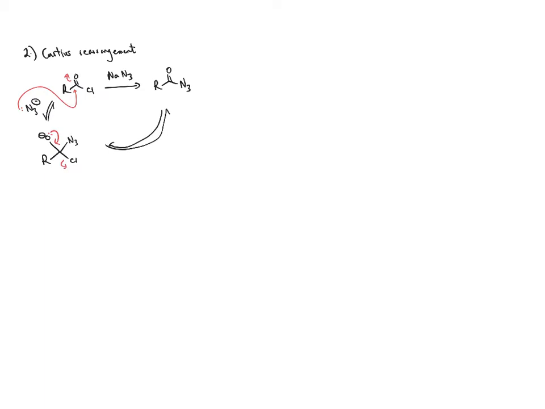The Curtius rearrangement part of this mechanism is the next step. So the next step is you take an alcohol in the presence of heat, and when you heat it up, what you get is a functional group known as a carbamate.